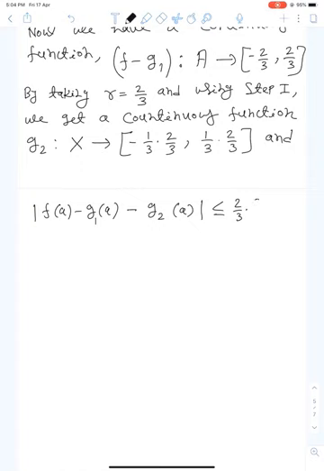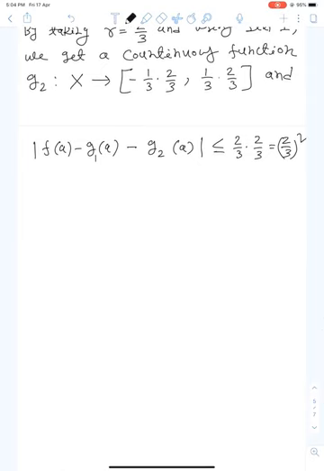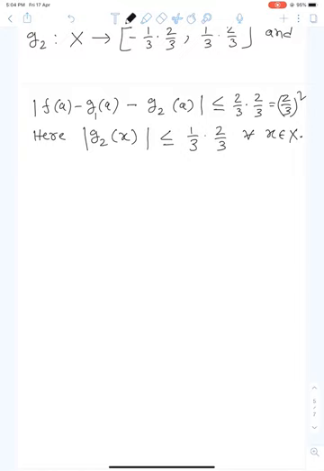So what is my r? r is 2/3, so that is (2/3) squared. Now here |g2(x)| is less than or equal to 1/3 × 2/3 for all x belongs to X. Now similarly we can find g3, g4, g5.